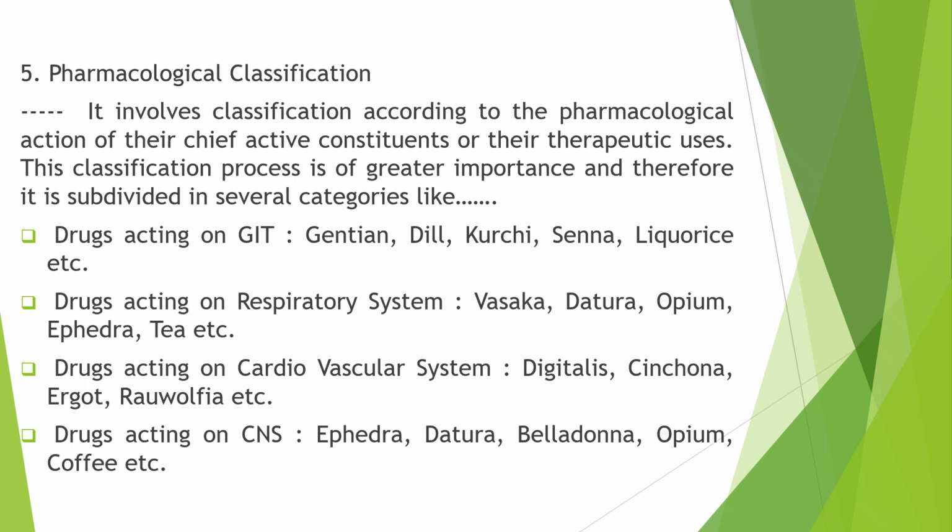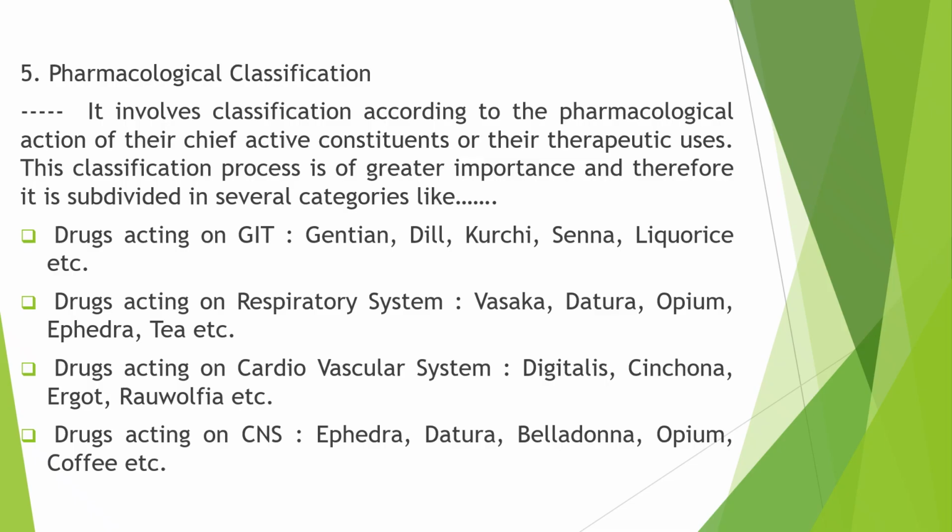This classification process is of greater importance, and therefore it is subdivided into different categories. In this system of classification, regardless of morphology or taxonomical status or chemical relationship, the drugs are grouped together provided they exhibit similar pharmacological action.